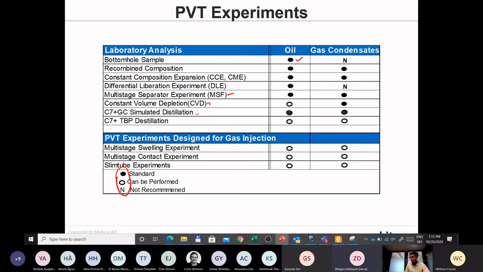So you mean to use the PVTI to predict the future composition of the gas condensate well?